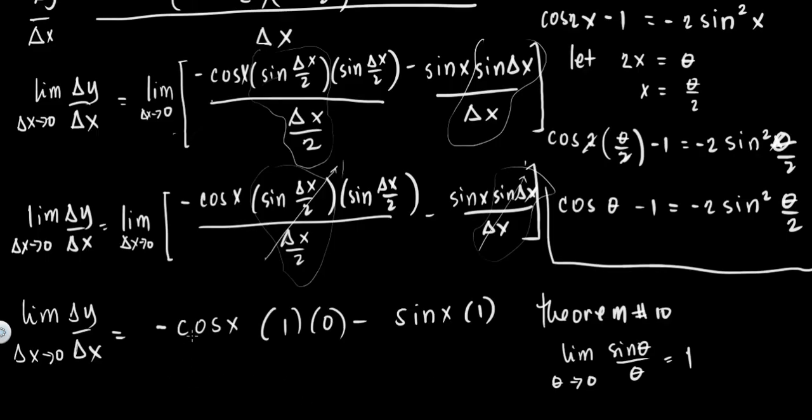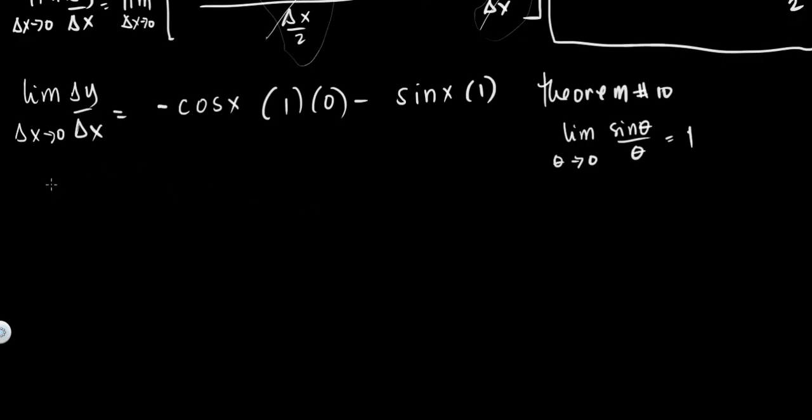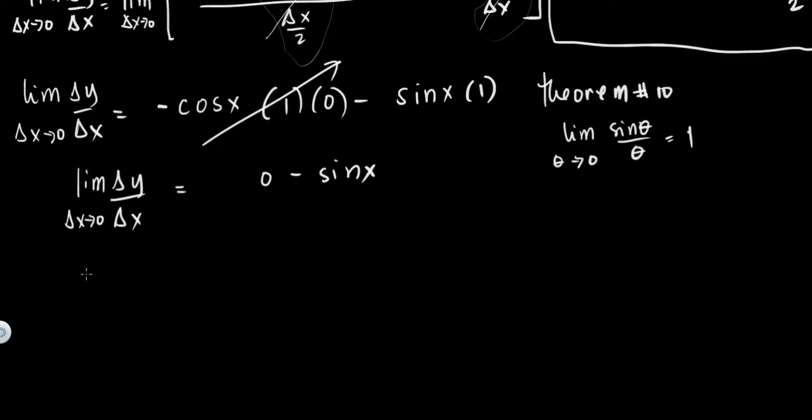Okay? Now, the limit of delta y over delta x as delta x approaches 0 is equal to, this is 0 minus sine x. So, pwede mong isulat, pwedeng hindi.